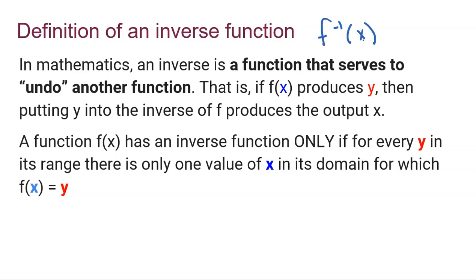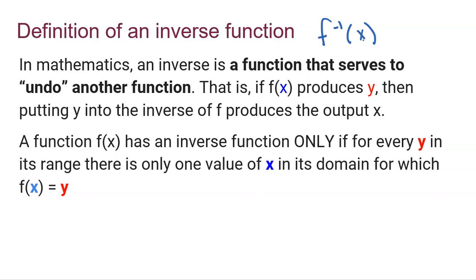But there is one really important rule, which is actually what's going to make this video kind of complicated: a function f of x has an inverse function only if for every y in its range, there is only one value of x in its domain for which f of x equals y. The definition of a function is that every x can produce one and only one y.